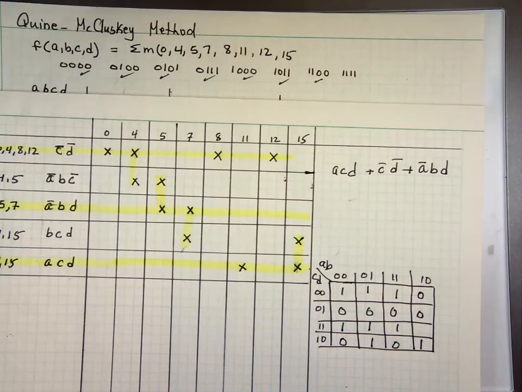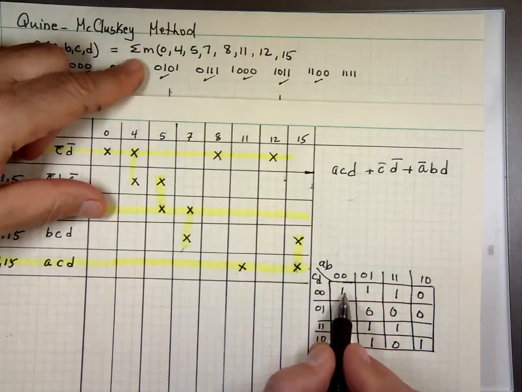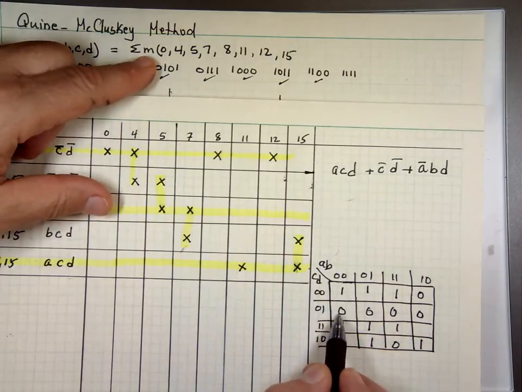Hey, I'm missing 1. Let's see. 0, 1, 2, that's a 0, 3.